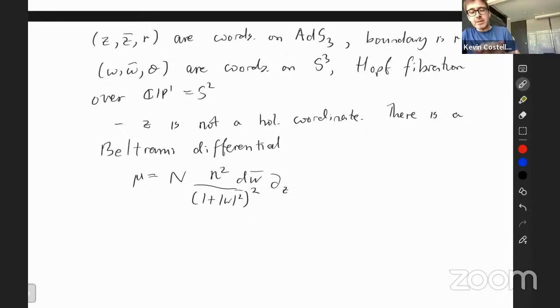This may look a little funny, but if you remember that N transforms like the square root of dW, so N squared transforms as W, this expression includes the natural volume form on CP1. So it's a natural expression.